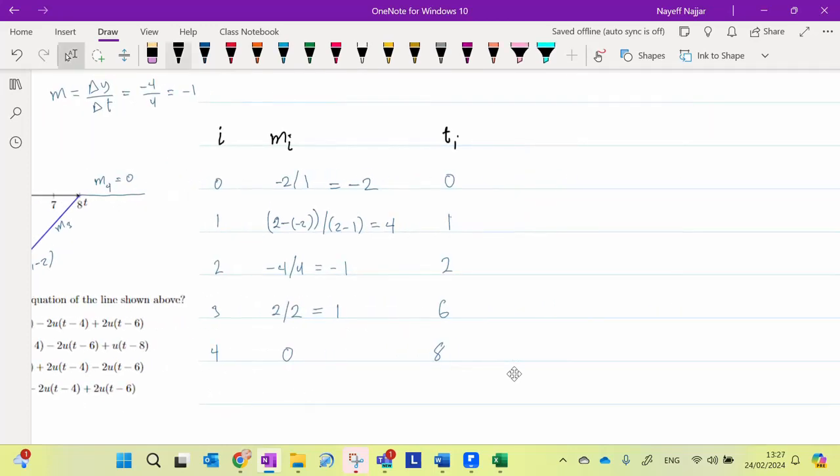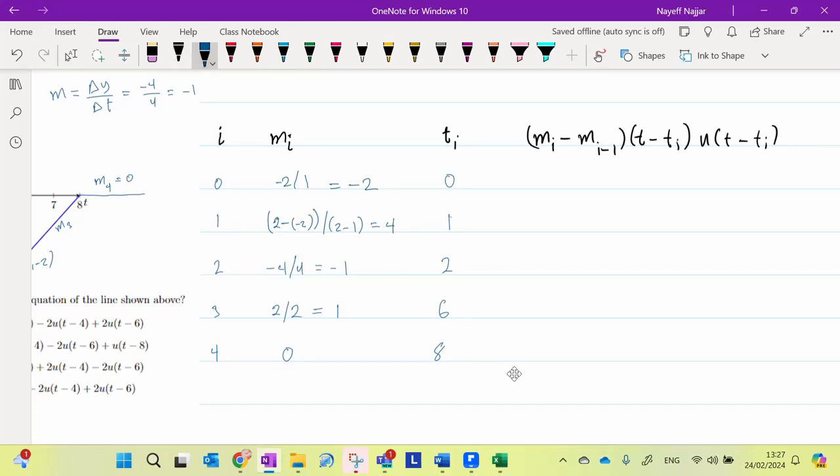Here what I'm going to write next is mi minus mi minus 1, multiplied by t minus ti, and then multiplied by u of t minus ti, like this.